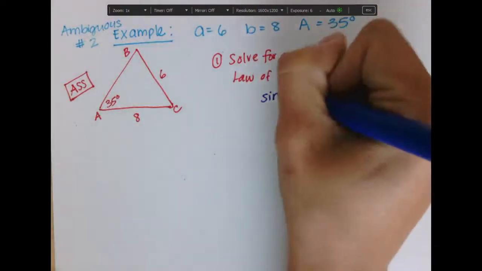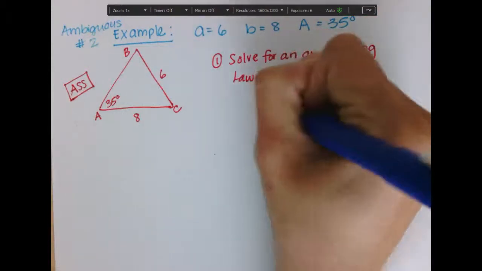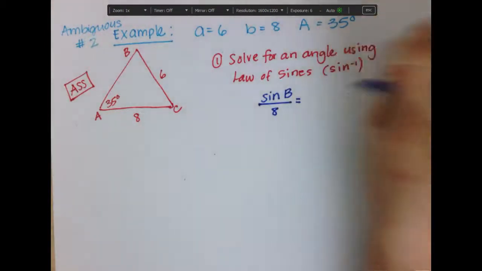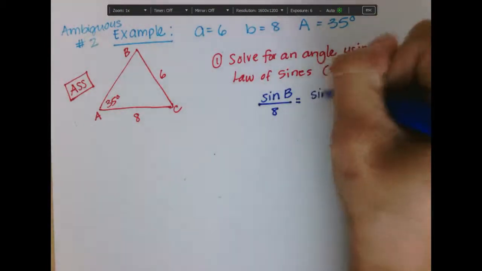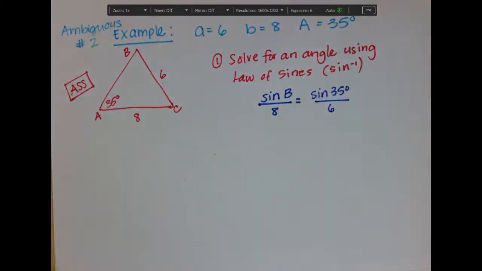I'm going to solve for angle B. So the sine of an unknown angle B over its opposite side 8 has to equal the ratio between the sine of 35 degrees and its opposite side 6. I left C out of it for now because at the moment I don't have any information about C.